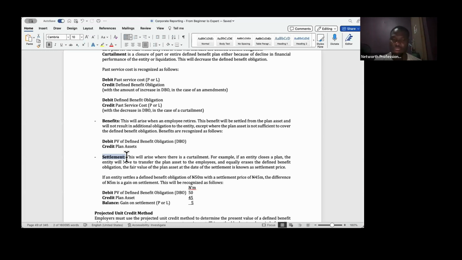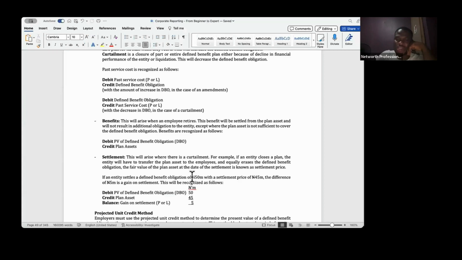Now, when there's this settlement, the company might make some gains or losses depending on negotiation. For example, the obligation has built up through the current service cost every year to like 50 million. And they settled with 45 million, meaning the plan assets they used in settling only reduced by 45 million. That's a gain. That's a gain on settlement.